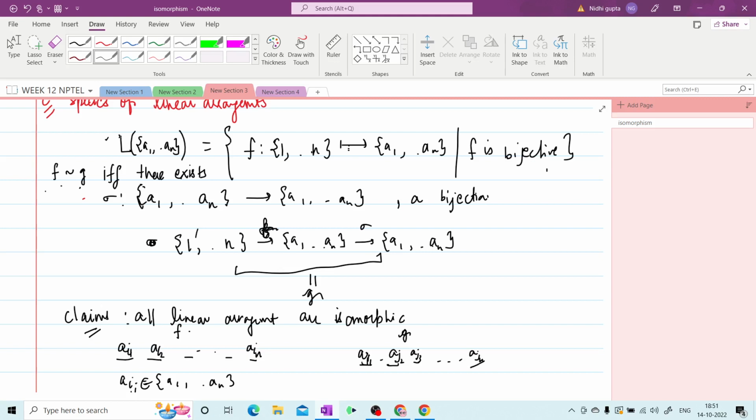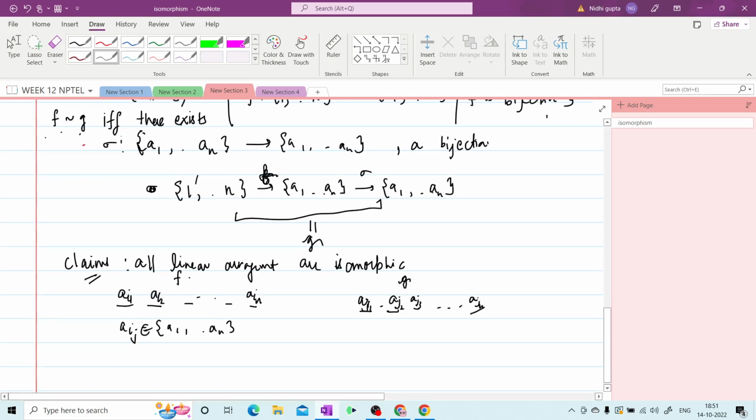What I want to do is construct a function from this set a1 to an which sends this linear arrangement to this linear arrangement.